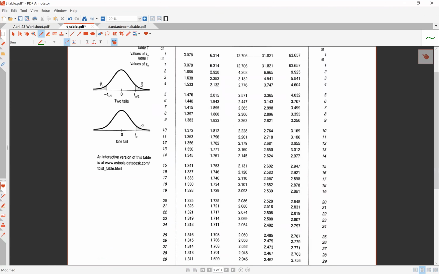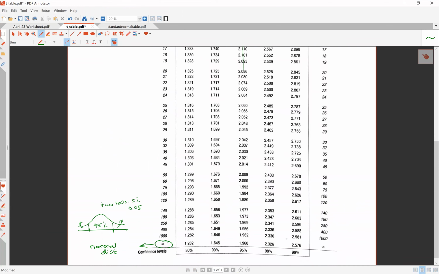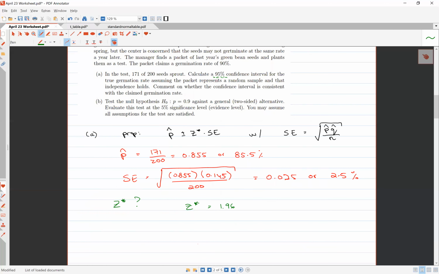So in the table, you find the two-tailed value, 0.05, and you just follow that all the way down to the part of the table that corresponds to the normal distribution. In fact, you could have gone from the bottom up, because here it gives you the confidence level and it says 95%. So that's where the Z star value comes from.